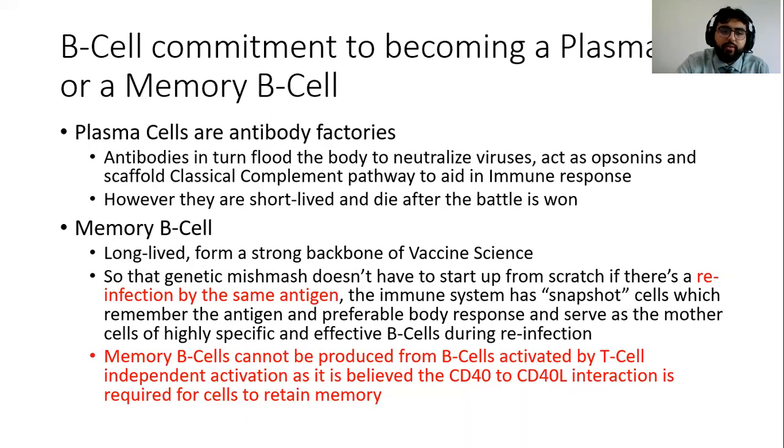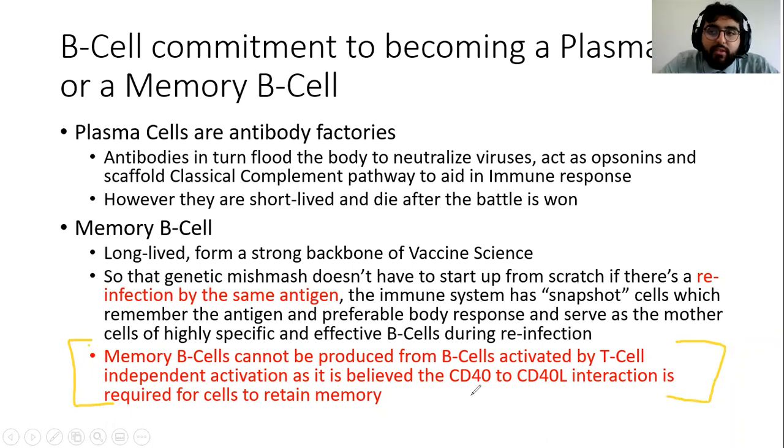Okay, and we discussed this already. Difference between a plasma and a memory cell, and this is the key point I wanted to make down here, though. Memory B cells cannot be produced from B cells activated by T cell independent activation.